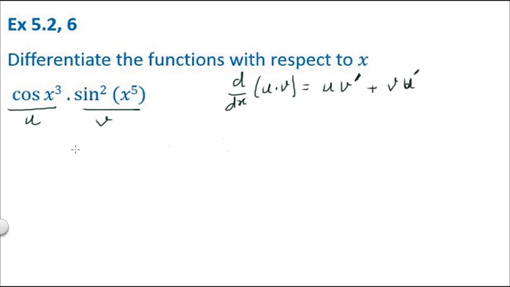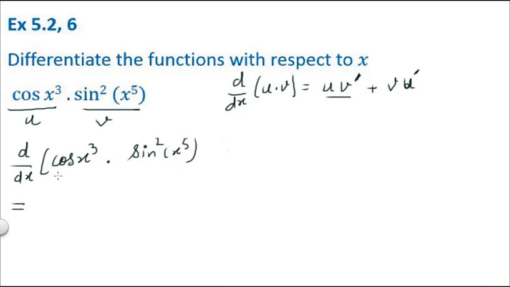So let us apply this formula here. You will write d by dx of this complete function. Let me write the question itself: cos of x cube into sine square x to the power 5. So this is how we have to do it.